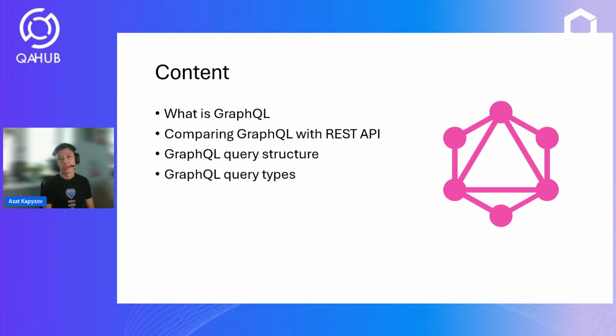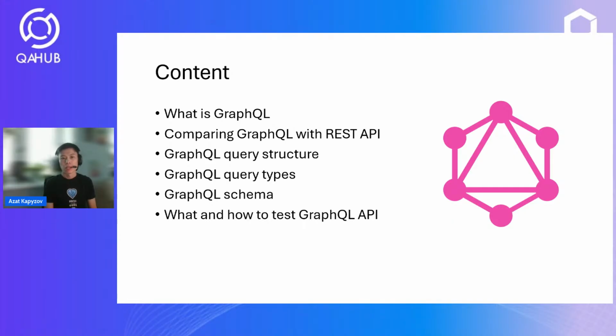We will learn query types in GraphQL. We will learn GraphQL schema, or what it consists of. And of course, we will talk about how to test GraphQL API. Also, I will share some useful tools and links so you can use it in your learning path.